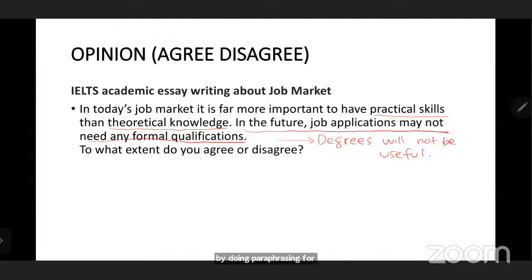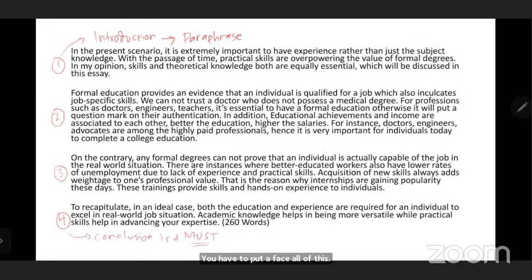Yang mana yang harus diparaphrase? All of this. You have to paraphrase all of this. And you have to state whether you agree or disagree in this paragraph. Okay. This writer here, they said that, in my opinion, skill and theoretical knowledge both are equally essential, which will be discussed in this essay.